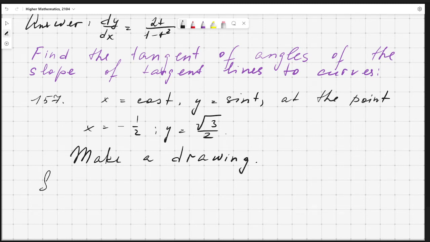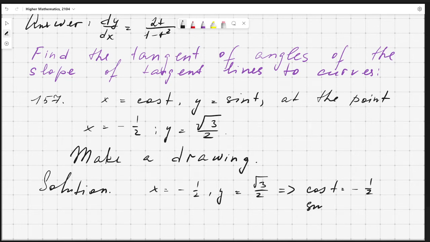Okay. If x is minus 1 over 2 and y is square root of 3 over 2, then cosine of t is minus 1 over 2, sine of t is square root of 3 over 2. It is t equals 2 pi over 3.